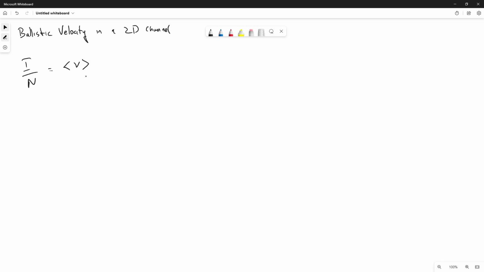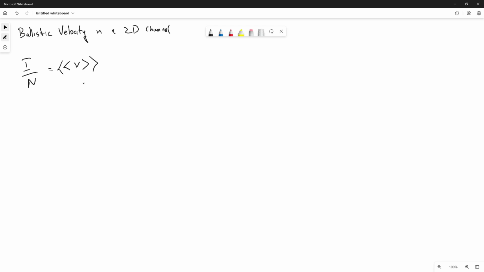But of course, this is not just the average velocity, this is the average of the average velocity. Now, what do we mean by that? At a finite temperature, every electron will not have the same energy, correct? There will be an energy distribution. Therefore, every electron will not be traveling with the same velocity. Different electrons with different velocities will enter, and different electrons with different velocities will leave.